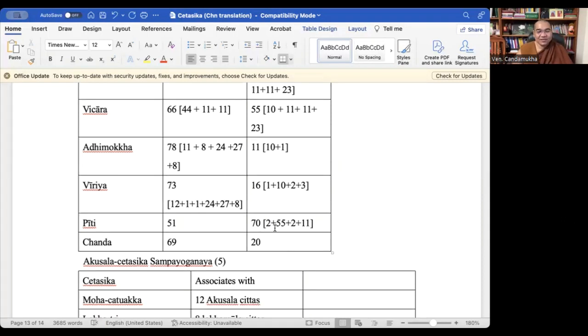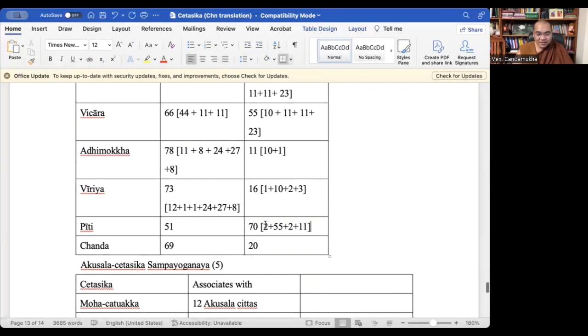So altogether 70 consciousness. Some of them are naturally opposite feeling, that's why they do not associate. And the fourth jhana 11, because PD is abandoned by spiritual development, that's why they do not associate.